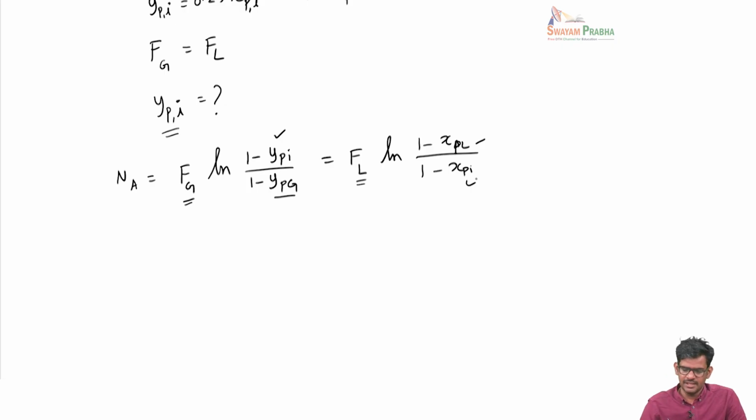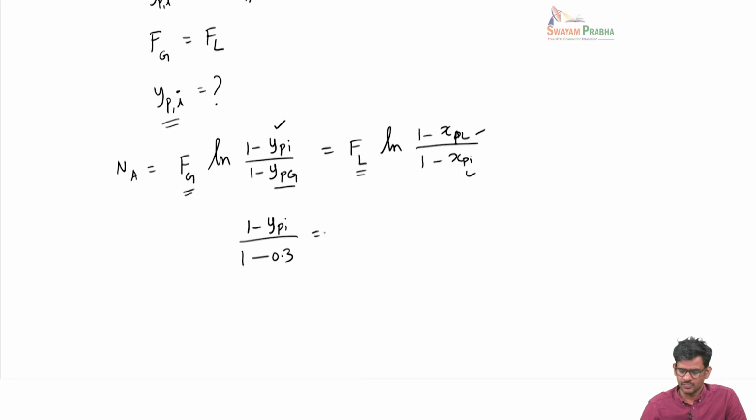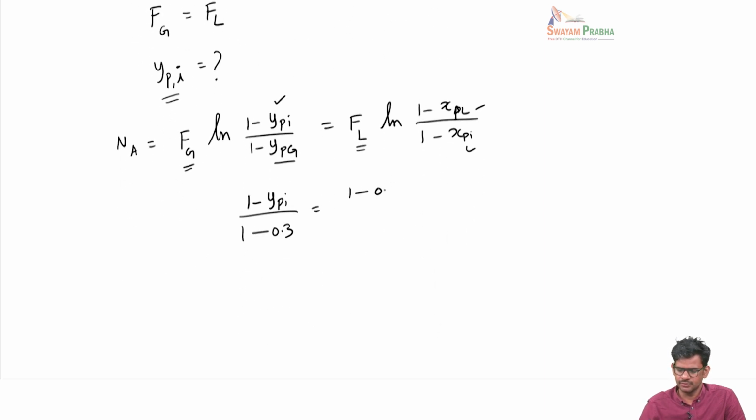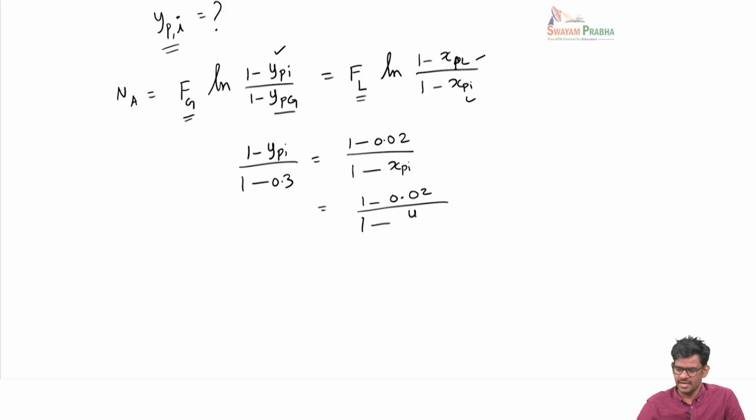Clearly FG and FL will cancel, and you can also take the logarithmic term out. So you will get (1 minus YAI) over (1 minus YAG) is 0.3. On the right hand side, you have 1 minus XAL, where XAL is 0.02, over 1 minus XAI. Now I can rewrite this XAI using the equilibrium relationship, which is here. So this is going to be YAI divided by 0.25.